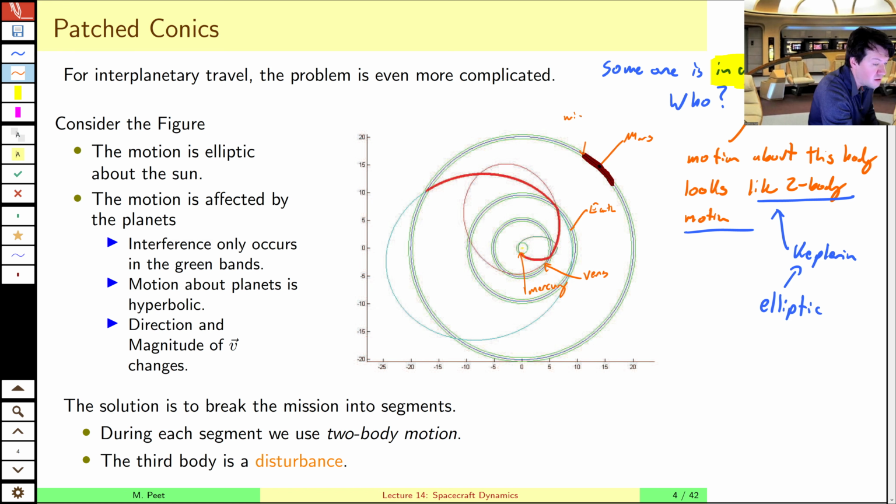So these widths here are a few 100,000 kilometers. What is the sphere of influence of Mars? I'd have to look it up. The sphere of influence of the Earth is about 850,000 kilometers, I believe. So this width is 850K, megameters, if you will.